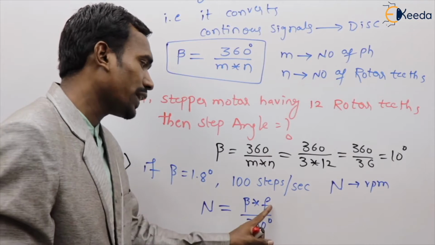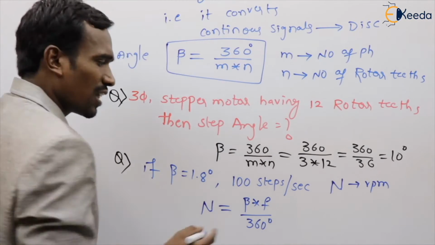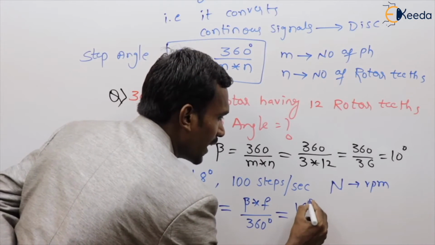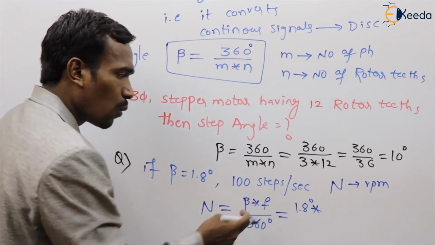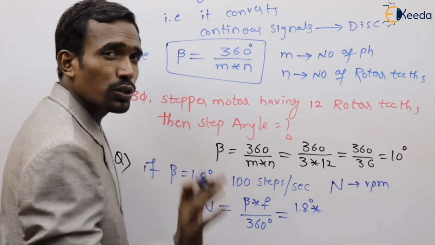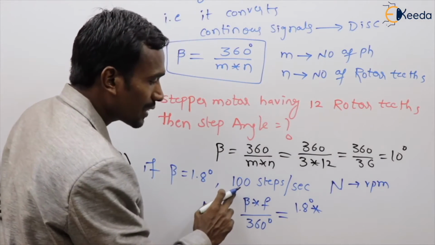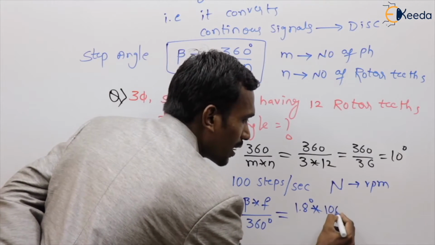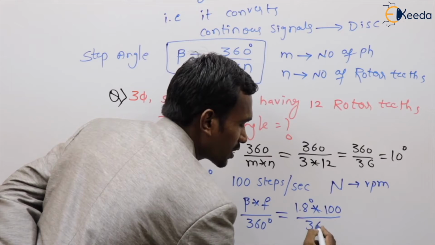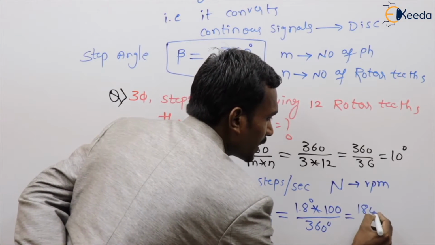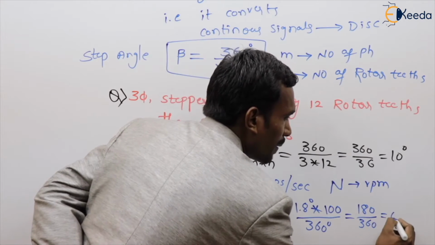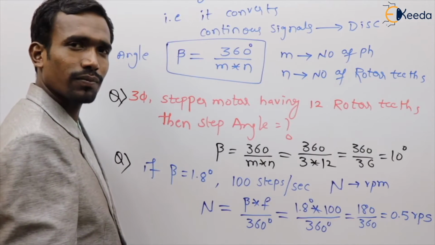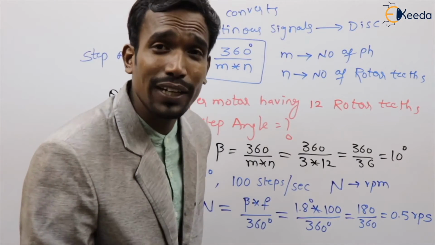The step angle is given as 1.8 degrees. Don't take 50 here; the frequency is 100 steps per second. So the answer is 180 degrees divided by 360, nothing but 0.5 revolutions per second. Option A is that only, 0.5 revolutions per second.